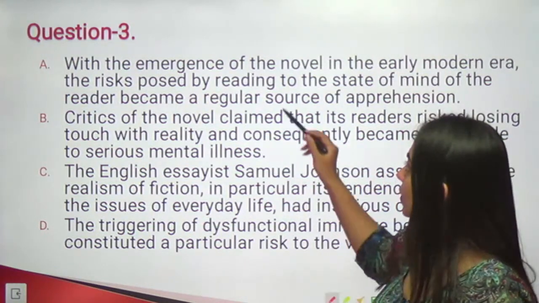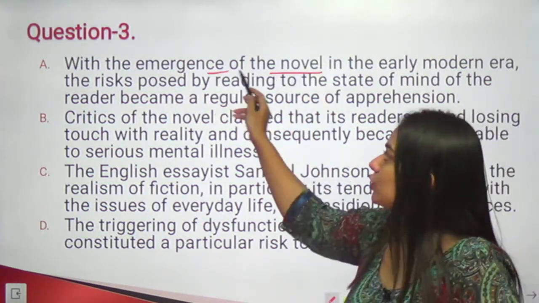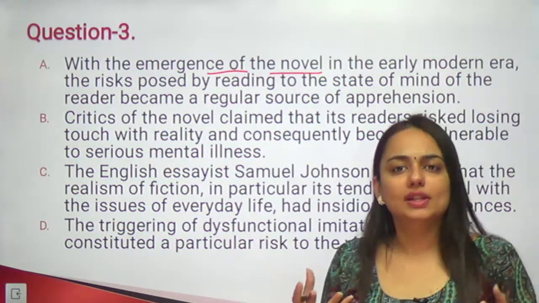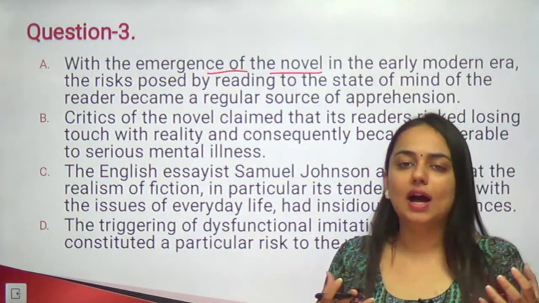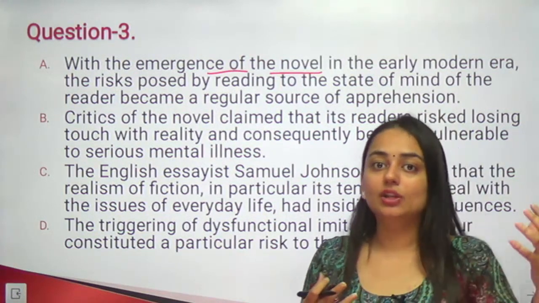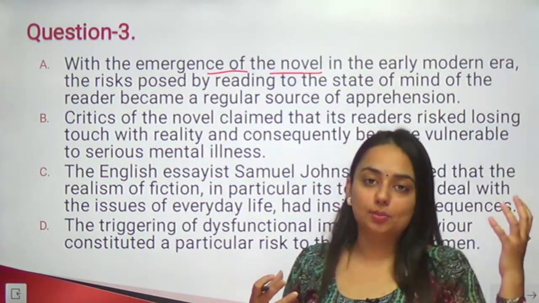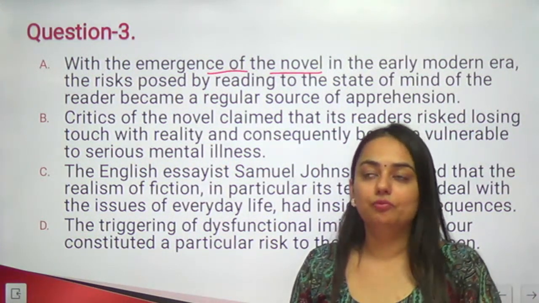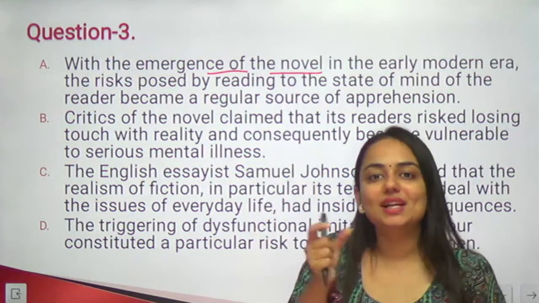So it is talking about the emergence of the novel. So probably it's early 18th century when the novels arrived. Before that, we haven't always had novels. So yes, we had plays and dramas, Shakespearean plays and all that in the Elizabethan era. But novel, why the name novel? Novel means something new.